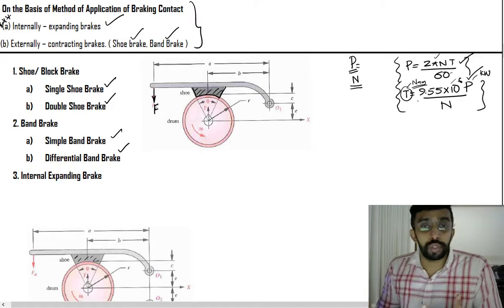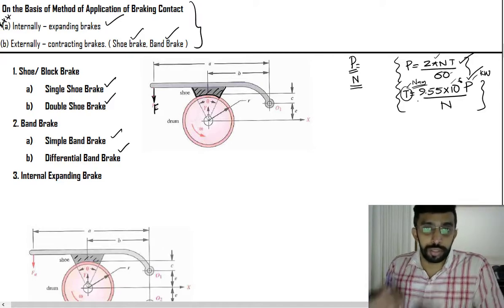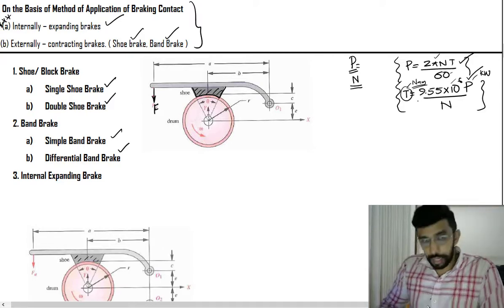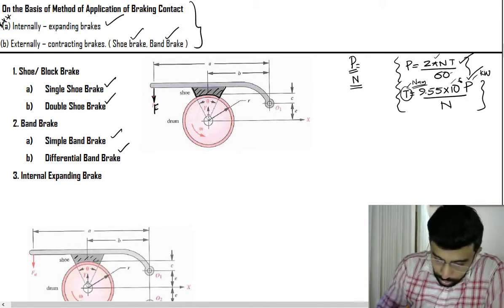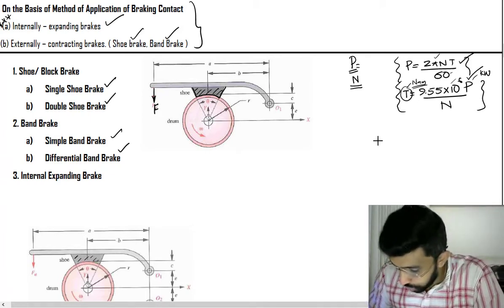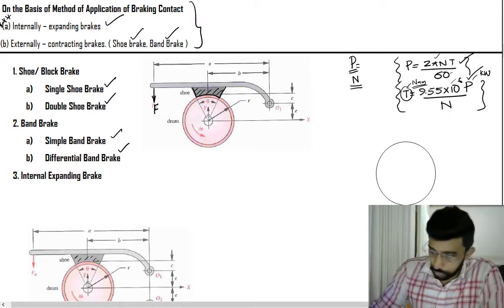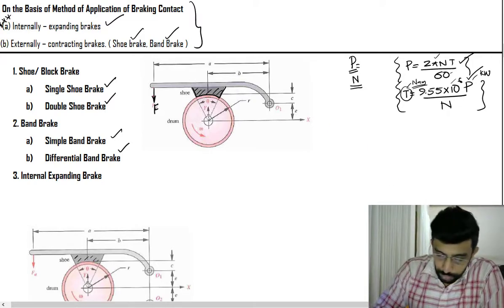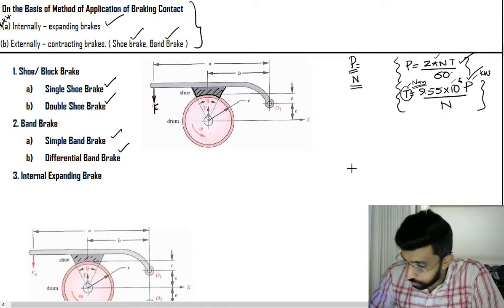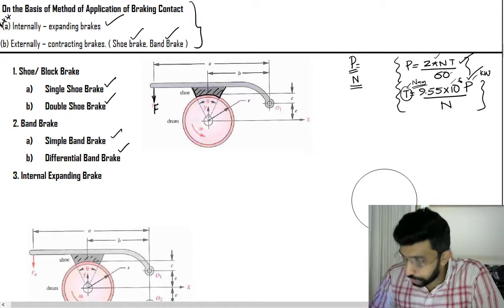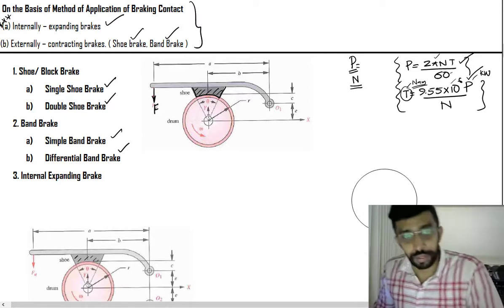Now our aim is to absorb this power, this torque. Now let's split this system into two. Say this is the brake drum.